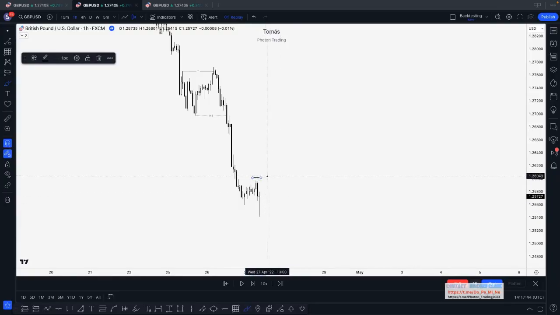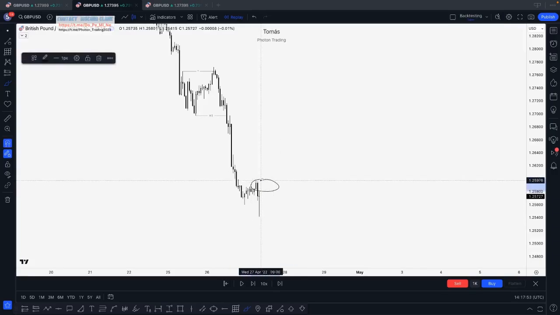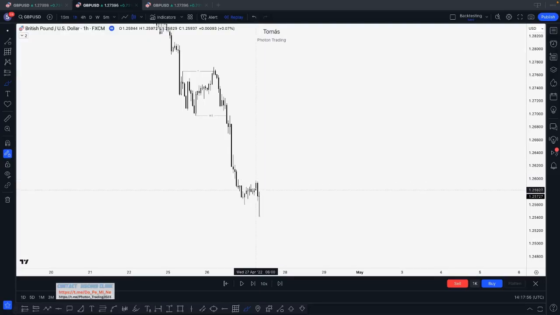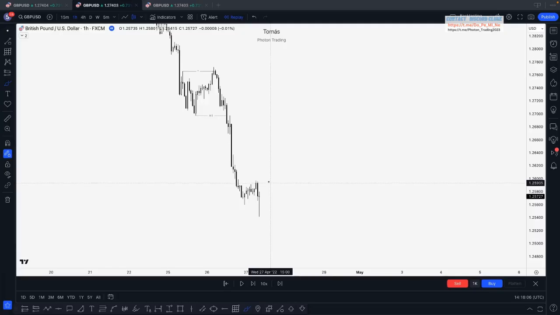Because of the area of value, because it's so far down in the leg, the way I trade is by being more conservative. So yes, you can look to trade straight away, that's not a problem, but you can wait for more confirmation, such as a change of character or some clean price action.